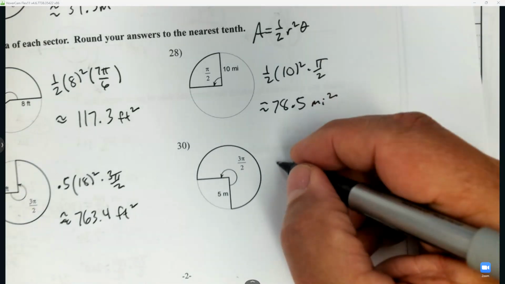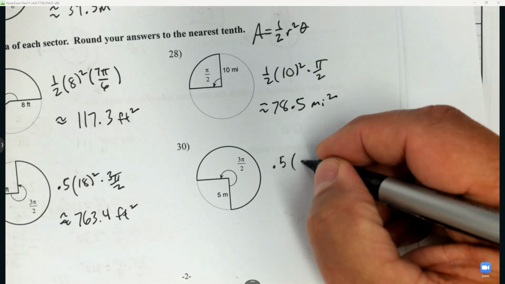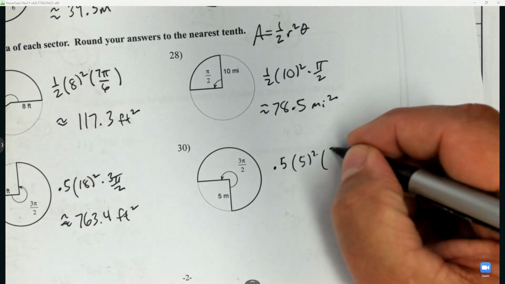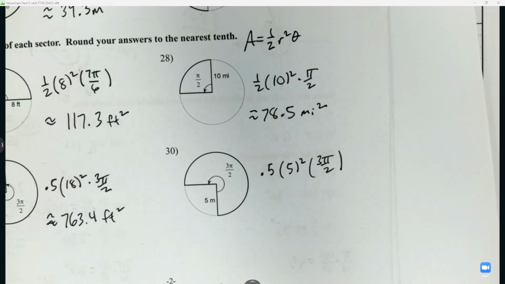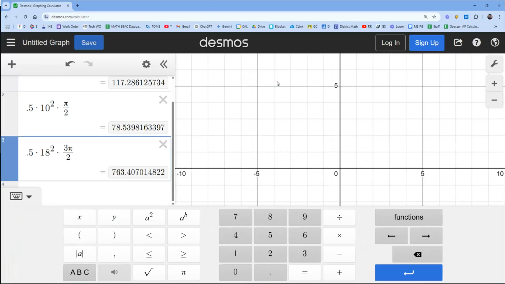So the last one here, it's 1/2 the radius squared times the angle in radians. Let's do that one more time.